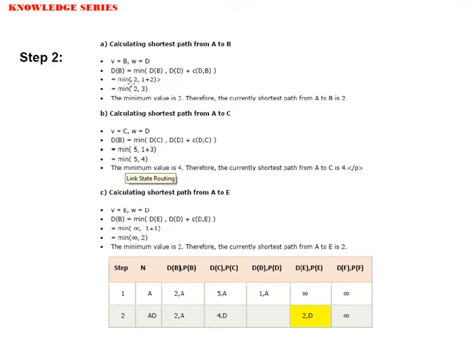If you do it, 2 and 3, the minimum is 2. So you can see the minimum value is being shown. It is 2, and currently the shortest path from A to B is 2.